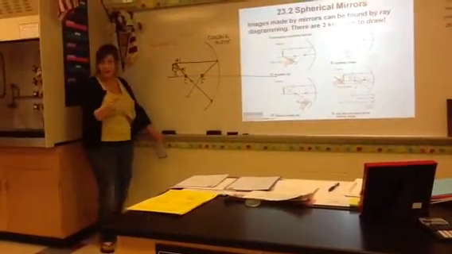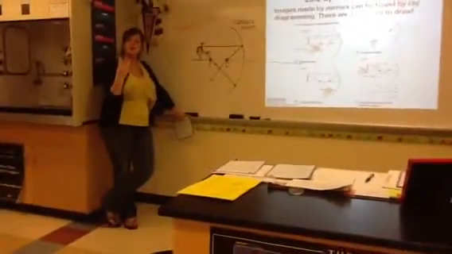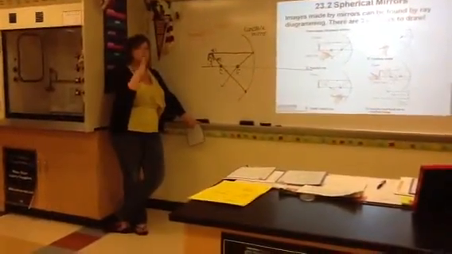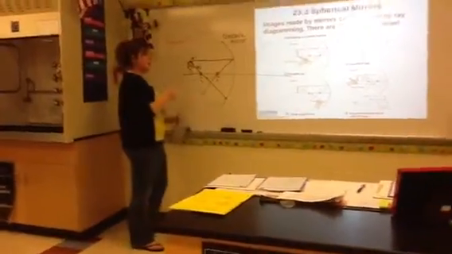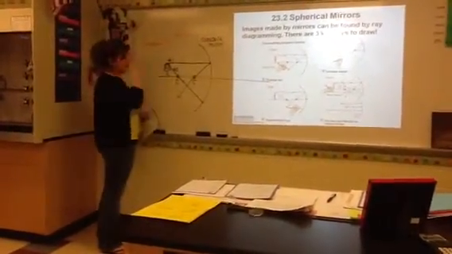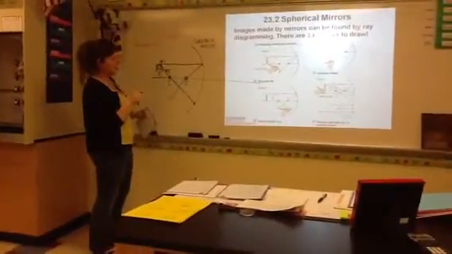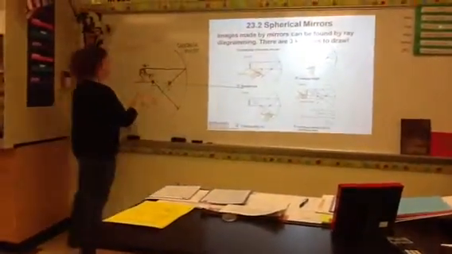Now typically, you can find where the image is with just those 2 rays, but we like to use 3, just to make sure, like a triple check for us. It's a nice way that we can absolutely know for sure where the image will be located. This last ray is going to be the opposite of our first ray.